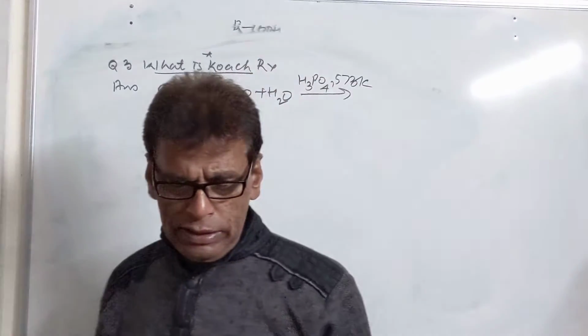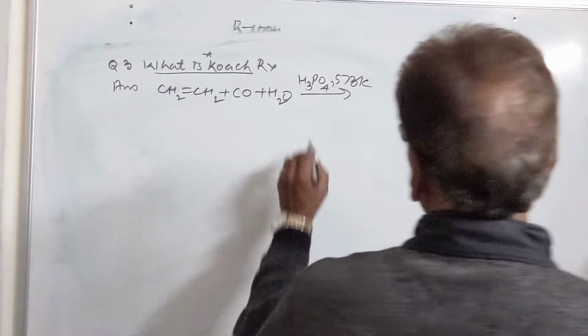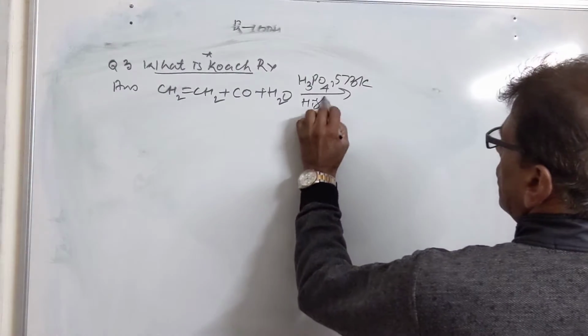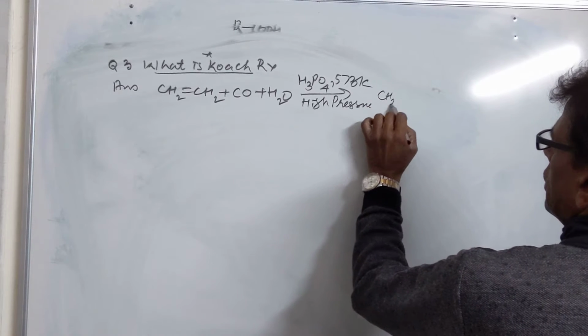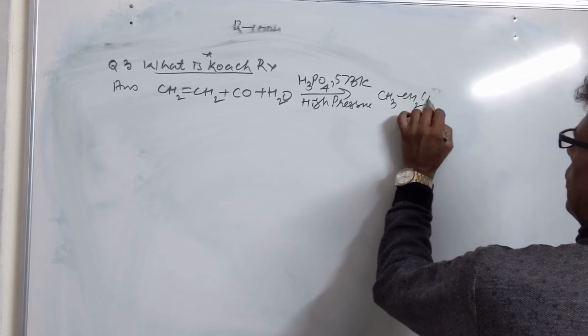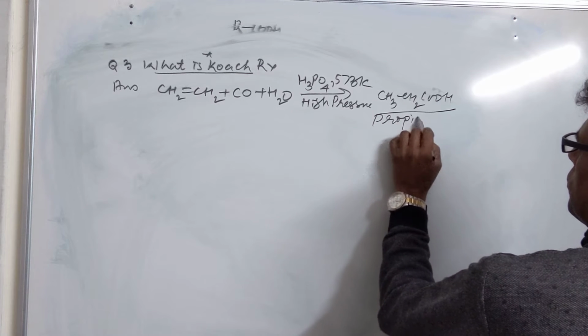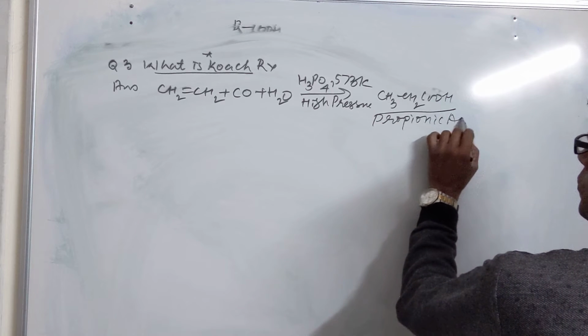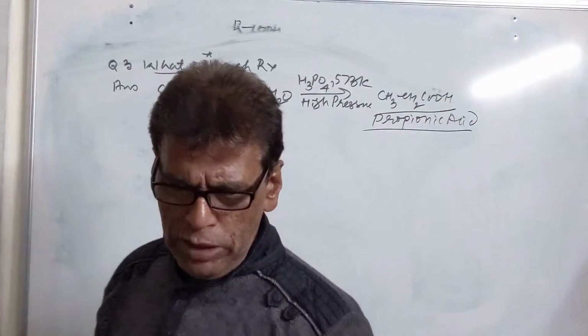When this mixture is heated under high pressure, we will get carboxylic acid. We get CH3CH2COOH. This is propionic acid. So this is a very important method.